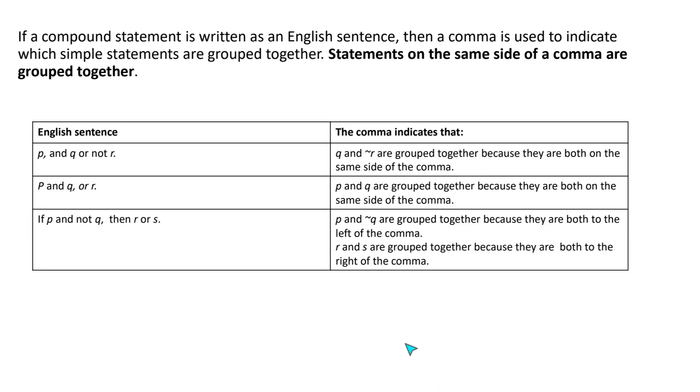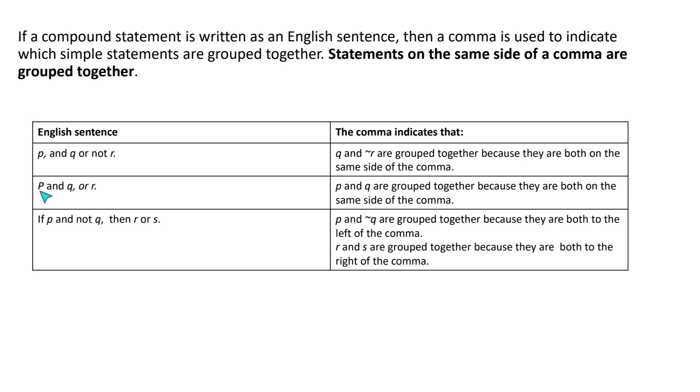Now, if we have a sentence, how do we know what to group together? If a compound statement is written as an English sentence, then a comma is used to indicate which simple statements are grouped together. Statements that are on the same side of a comma are grouped together. So if we see this sentence here, we have P, comma, and Q and not R. That means that Q and not R would be grouped together.